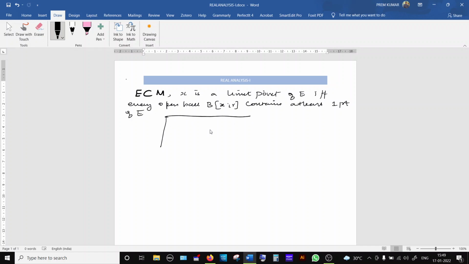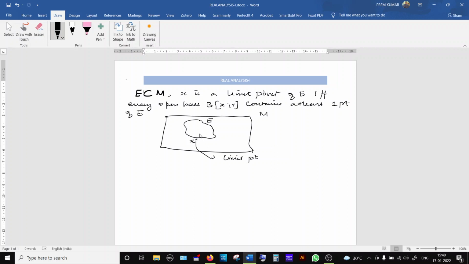Suppose this is the metric space M, and suppose this is the subset E. I say this X is a limit point. There may be many limit points for the same set.